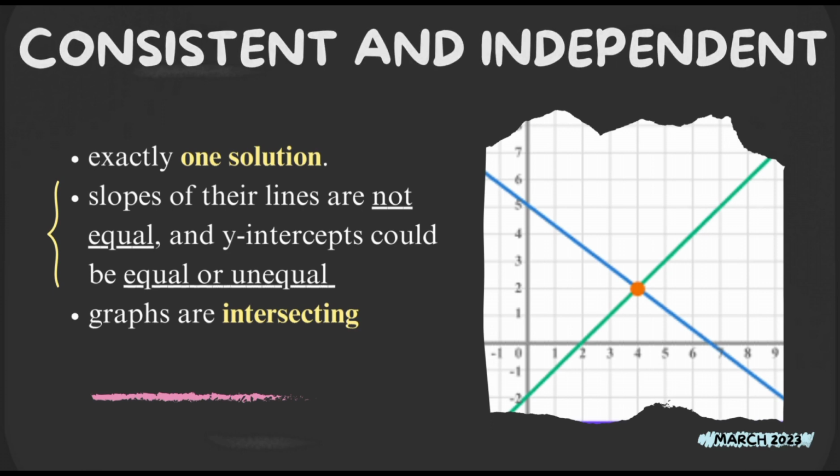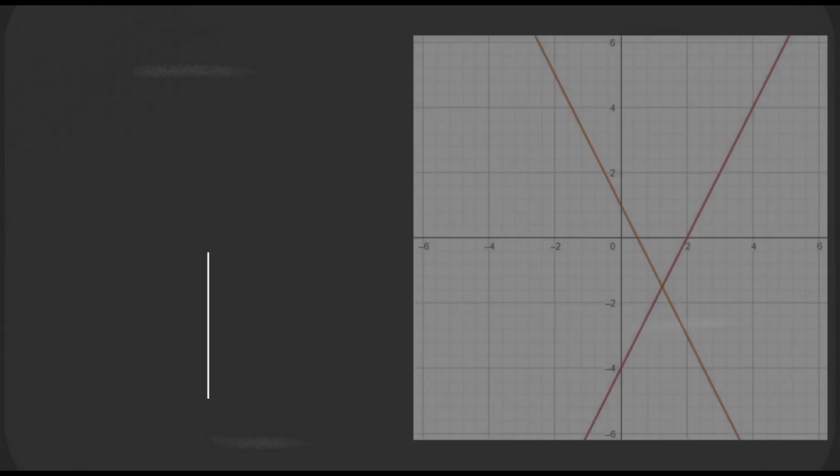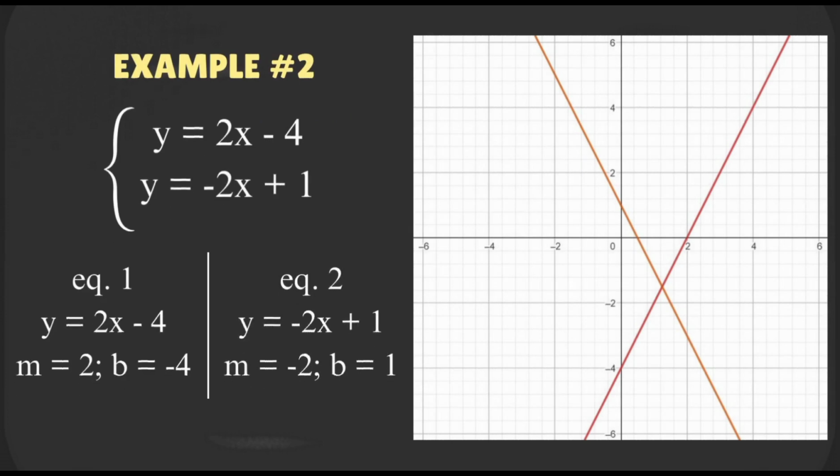So let's have this second example, wherein y is equal to 2x minus 4 and y is equal to negative 2x plus 1. As you can see, it is already in slope-intercept form. So in equation 1, our m is 2 and our b is negative 4.